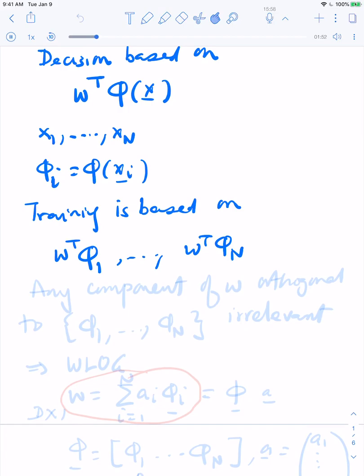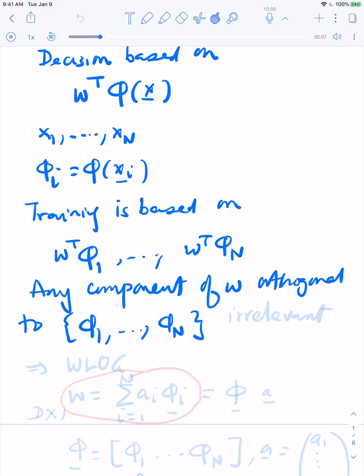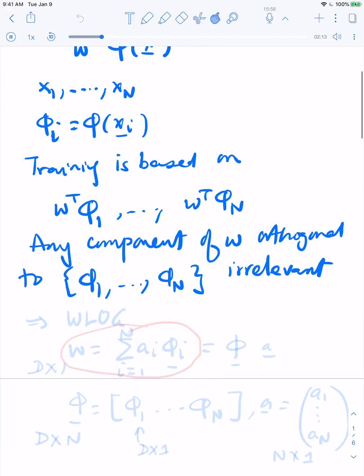So any component of W orthogonal to all of these, to phi 1 through phi n, is irrelevant because it doesn't contribute anything towards these numbers, and hence it cannot contribute anything towards the training.